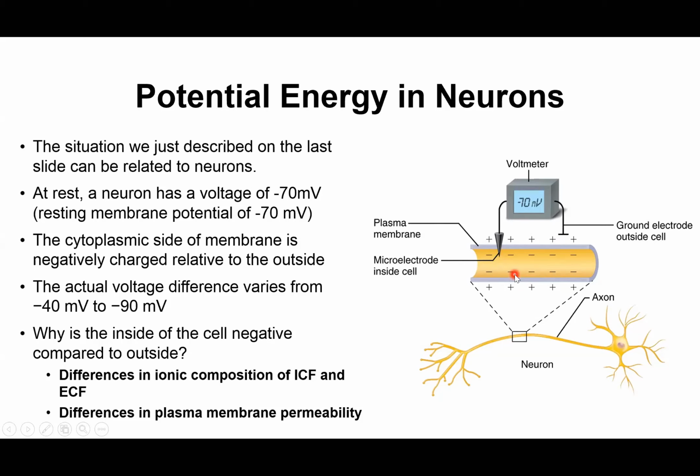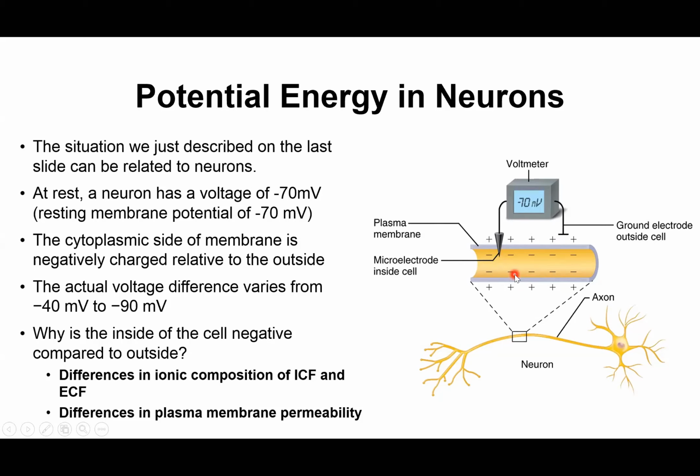So the question that you should be asking, and if you're not, then maybe I'm going to stimulate you to think about, is why is the inside of this cell negative compared to the outside? What properties make it negative compared to the extracellular environment? Over the next couple of slides, we'll discuss this.